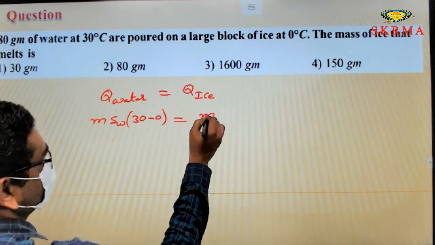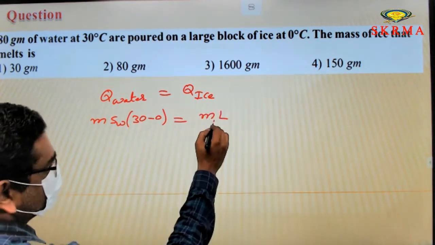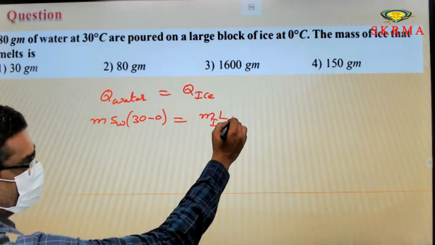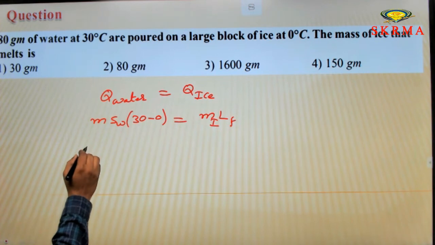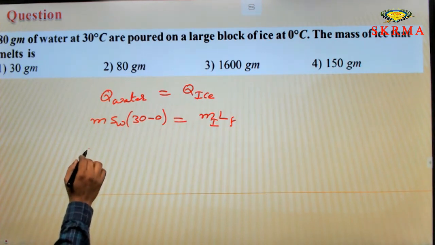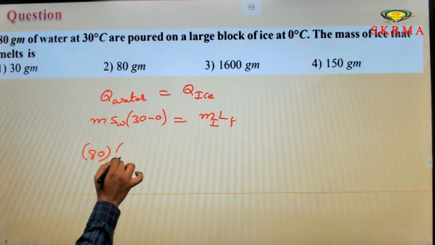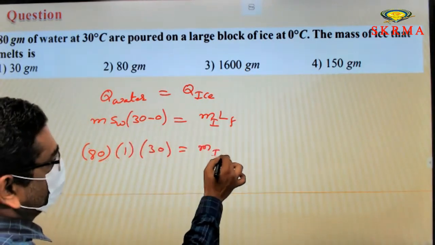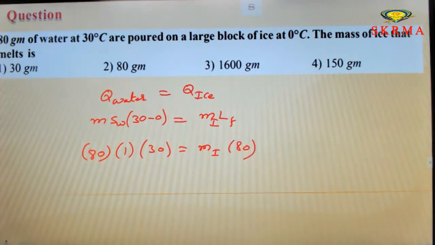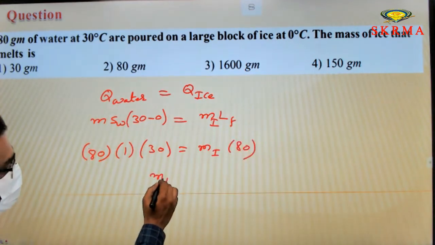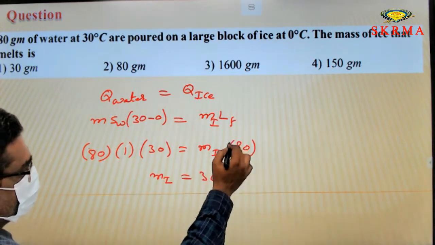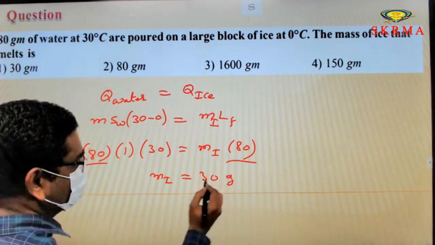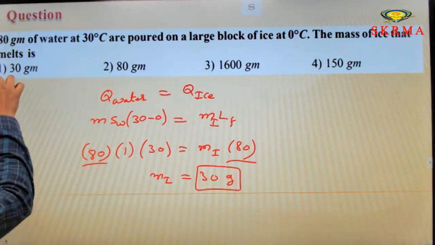Ice just melts, so it is mass of ice into latent heat of fusion of ice. Substituting values: mass of water 80 grams, specific heat 1, latent heat of fusion 80. This 80 and that 80 cancel out, so mass of ice is 30 grams. The first option is the correct one.